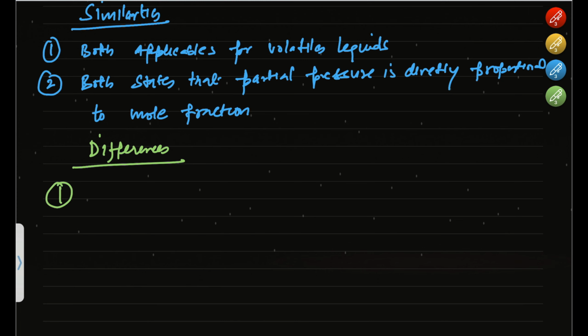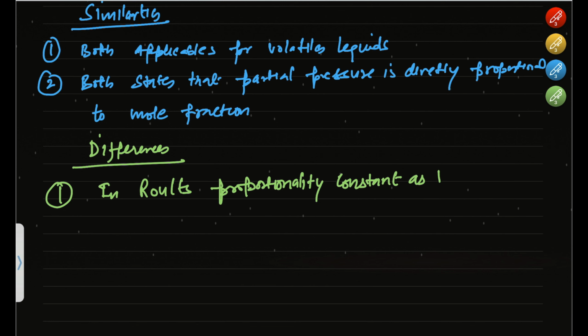The first and most basic difference: in Raoult's law, the proportionality constant is equal to the vapor pressure of the pure liquid.